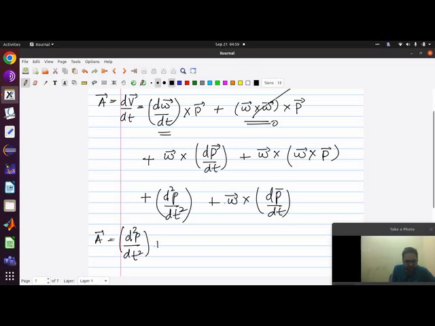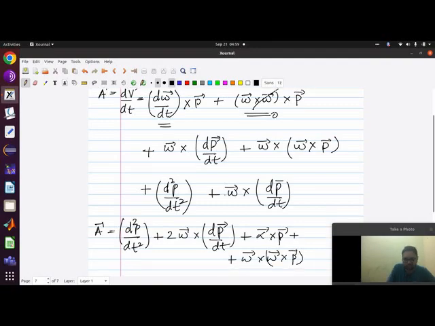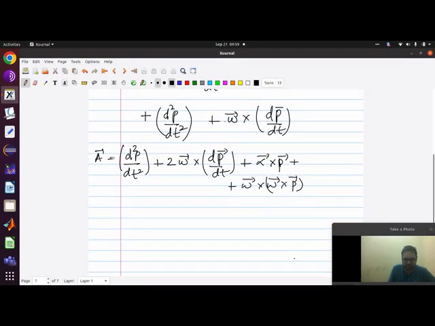Acceleration is equal to d square p by dt square plus 2 omega cross dp by dt plus d omega by dt, which is nothing but alpha cross p, and then you have finally omega cross omega cross p. Okay. Directions of each of these. Okay.